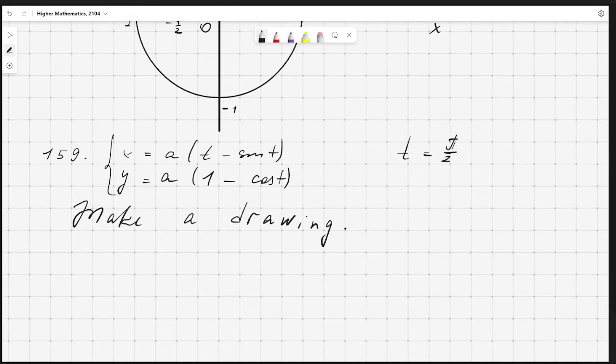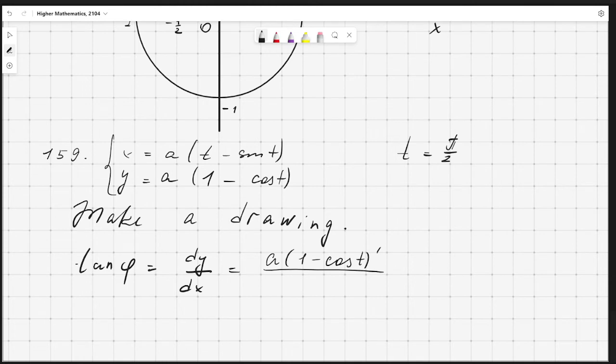Find tangent of phi, which is dy over dx, equals a times 1 minus cosine of t prime over a times t minus sine of t prime, if t is pi over 2.